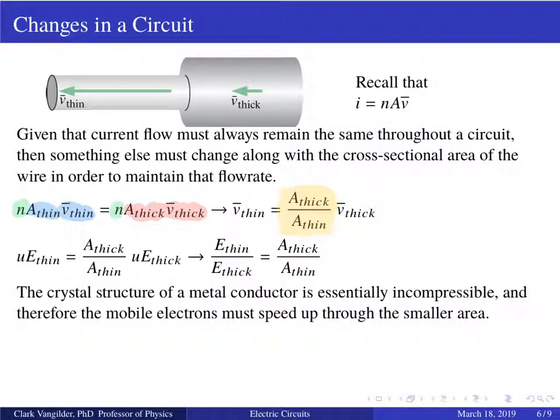So in the thick part, they're all going a slower drift speed, and then when they suddenly get crammed, everything has to pick up speed so that things can keep going through this same number of things per second going past any particular line in the sand, if you will. Okay?